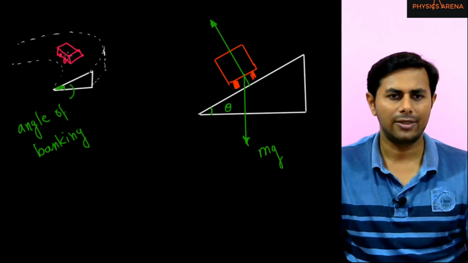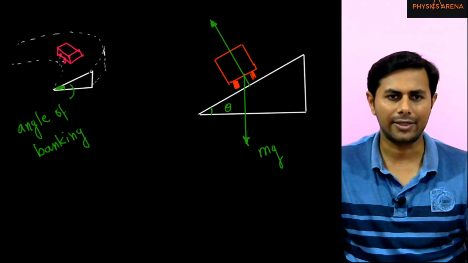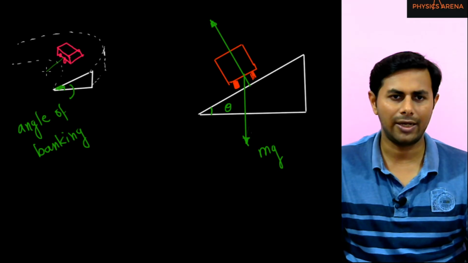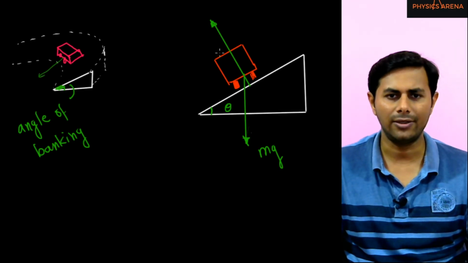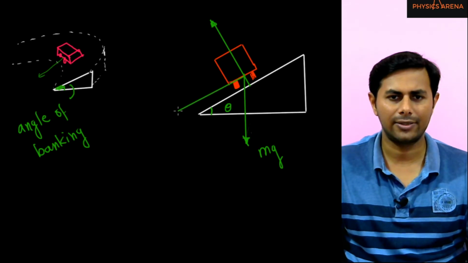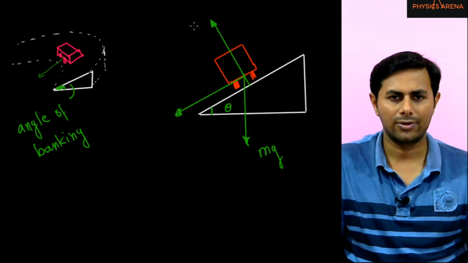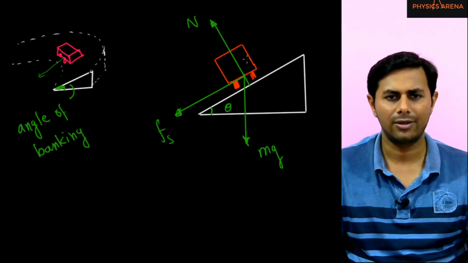That means the static frictional force which avoids the skidding, it will act opposite to that, so it will act in this direction. Okay, so in this diagram the static frictional force acts in this direction along the road surface. So this is normal reaction, this is static frictional force.